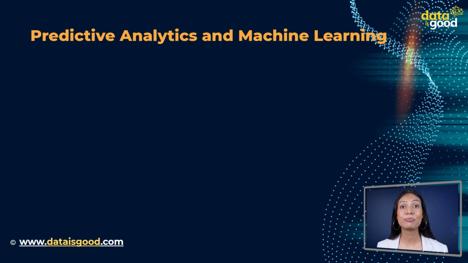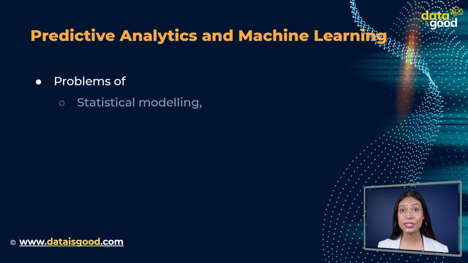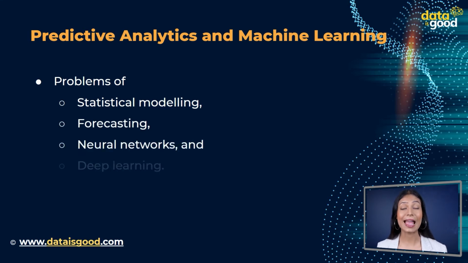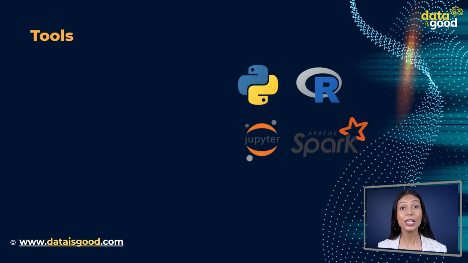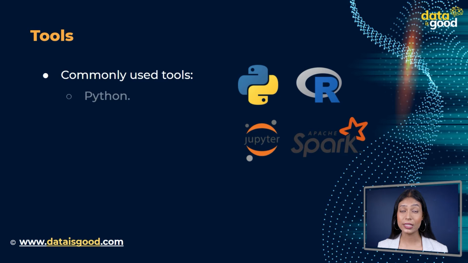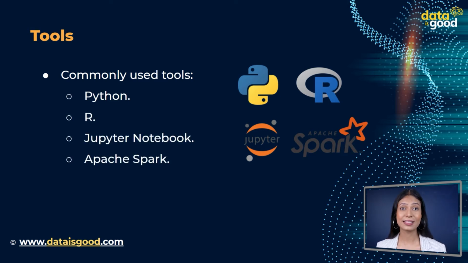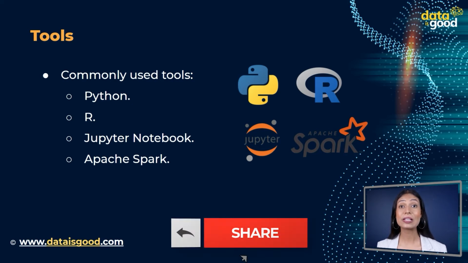Now we will look at predictive analytics and machine learning tools. Some of the types of problems that we will solve are statistical modeling, forecasting, neural networks, and deep learning. The commonly used tools in the predictive analytics and machine learning domain are Python, R, Jupyter Notebook, Apache Spark, etc. The first tool is Python.